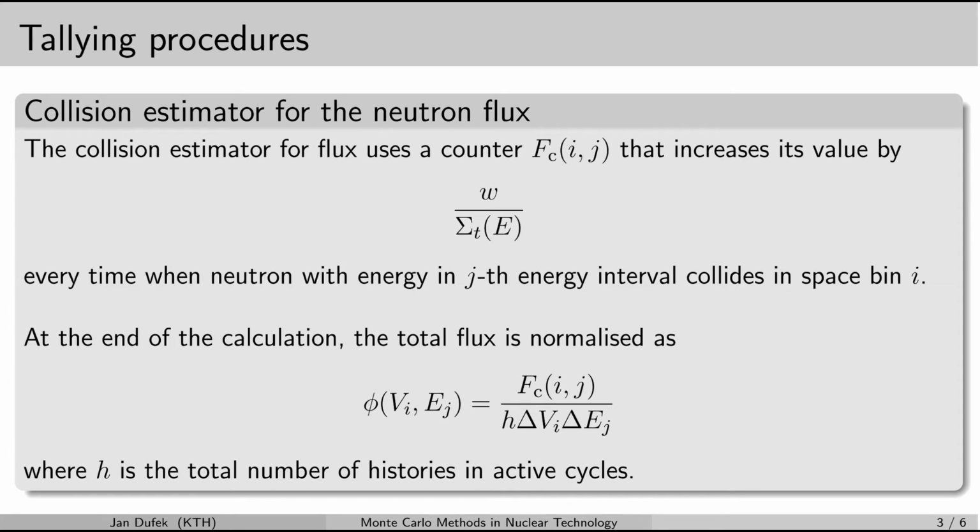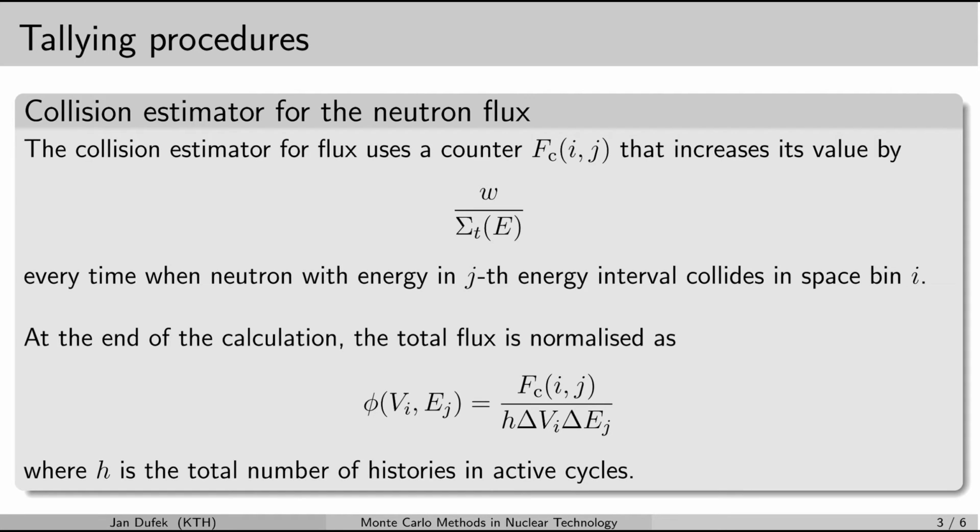So if the flux is required as one of the results, then the counter is set to 0, and every time a collision is simulated of any neutron history, the counter is increased by this value. It's a ratio of the statistical weight of the neutron and the total macroscopic cross-section, which is evaluated at the energy of the neutron.